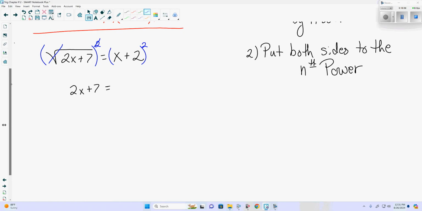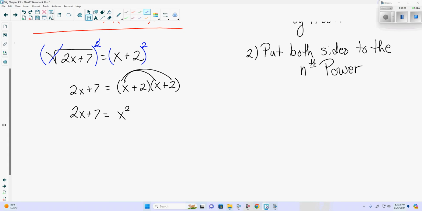Now, unfortunately for the right-hand side, we can't just square the x and the 2. Because what we're saying is we're multiplying it by itself. And if we're multiplying x plus 2 by itself, we're going to have to distribute. We're going to have to do x times x, which is x squared.